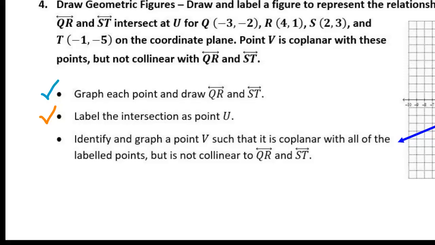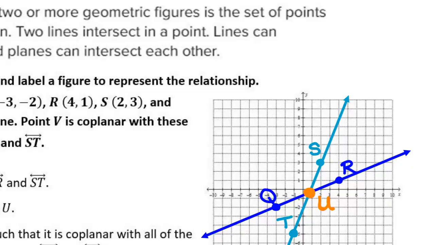You can't make it hang out in the air above your paper. You can't draw it on one of the pages below your paper. It has to be on this graph. Then it'll be coplanar because it's on the same flat surface. But we don't want it to be on the same line as Q, R, S, or T. So point V, I could put up here.